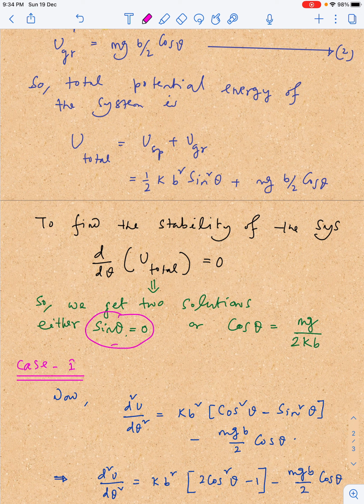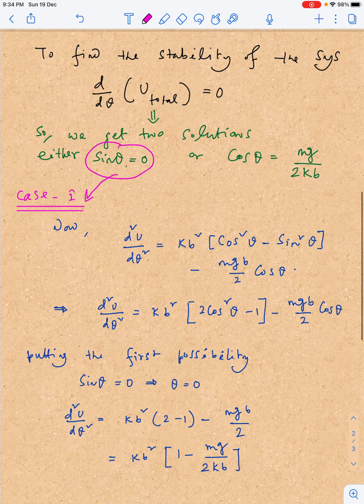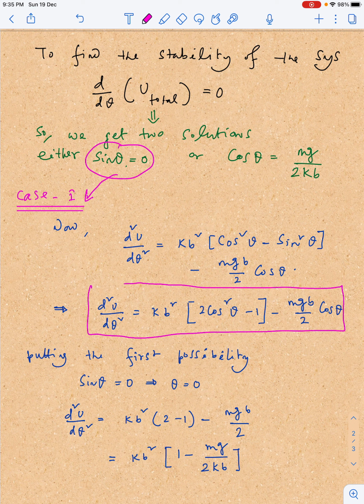I am taking sine theta is equal to 0 and I will try to get what we can get from here. So here I have done the double differentiation also, and a little bit of rearrangement gives you d2U d theta 2 is equal to kb square into 2 cos square theta minus 1 minus mgb by 2 into cos theta. This is the total term that I am getting after double differentiation.